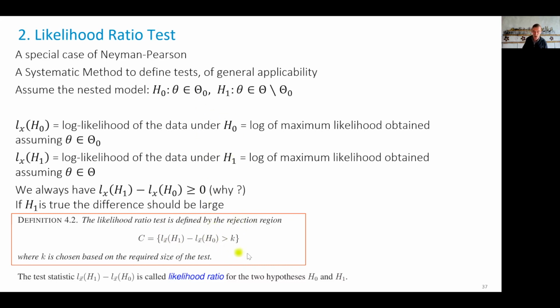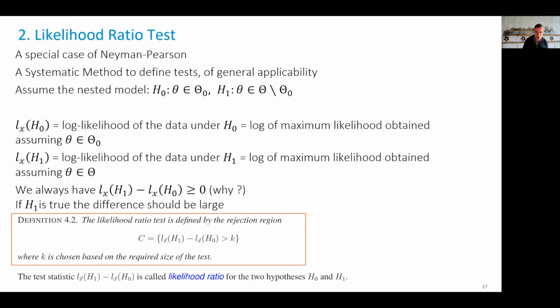Of course, we need a non-zero threshold because the estimation never provides the exact hidden value of theta. So that's the general form of a likelihood ratio test, and the test statistic is called the likelihood ratio statistic.